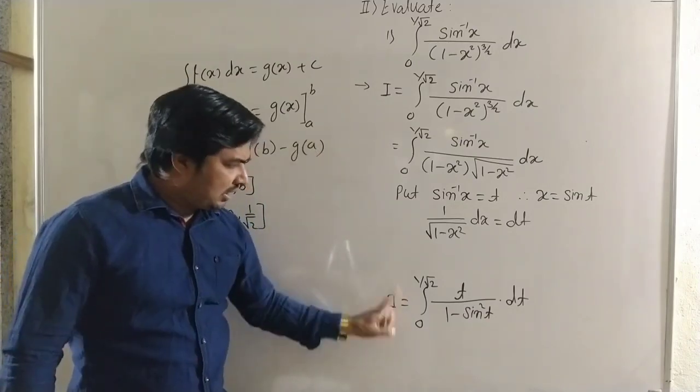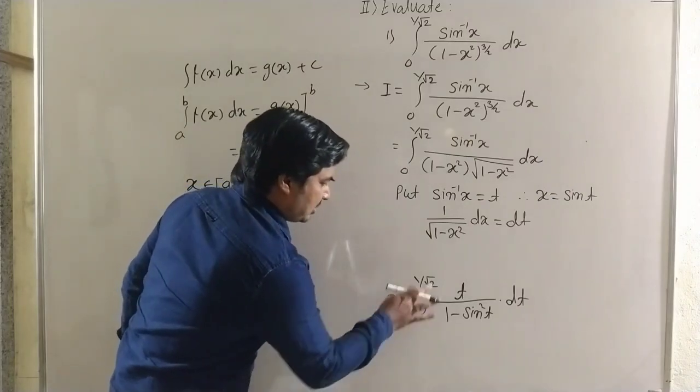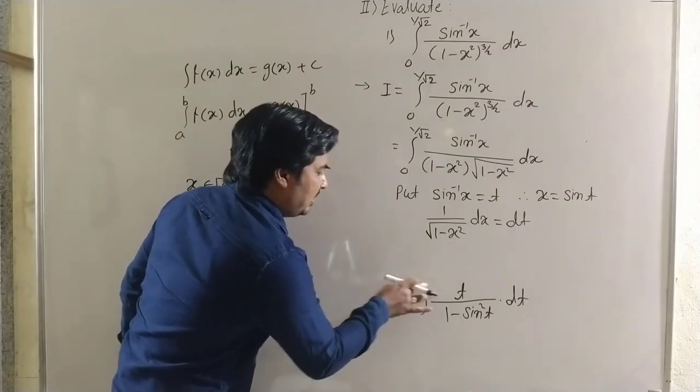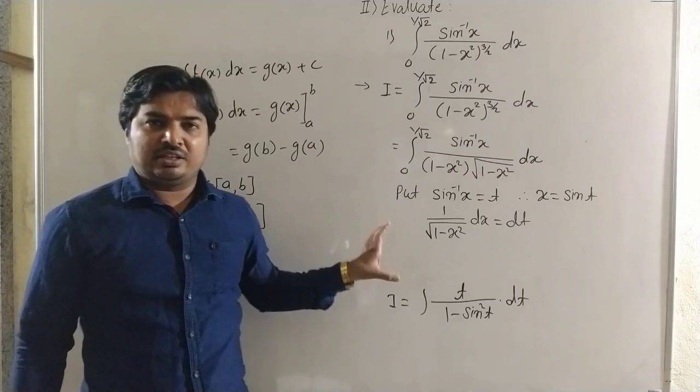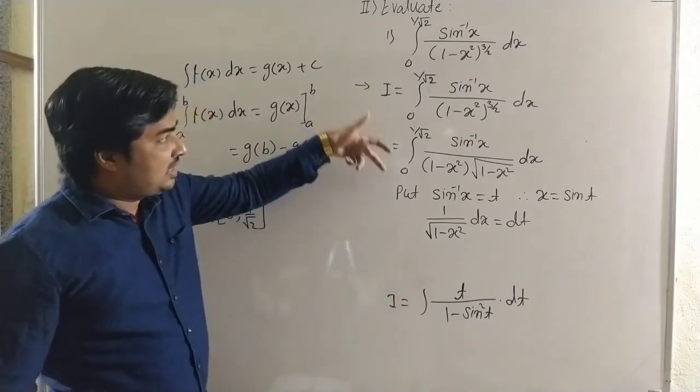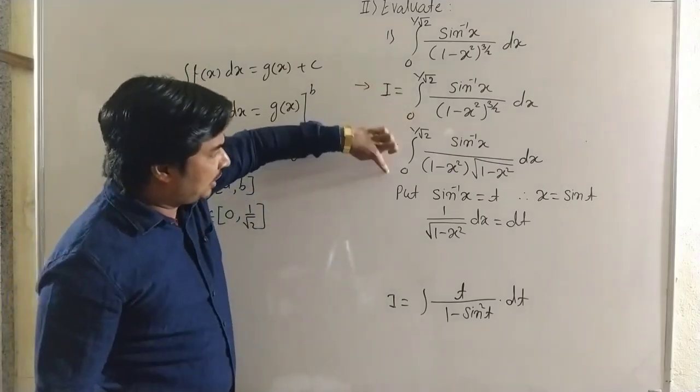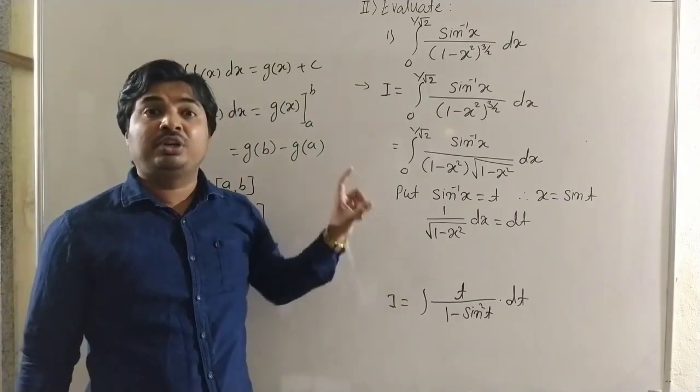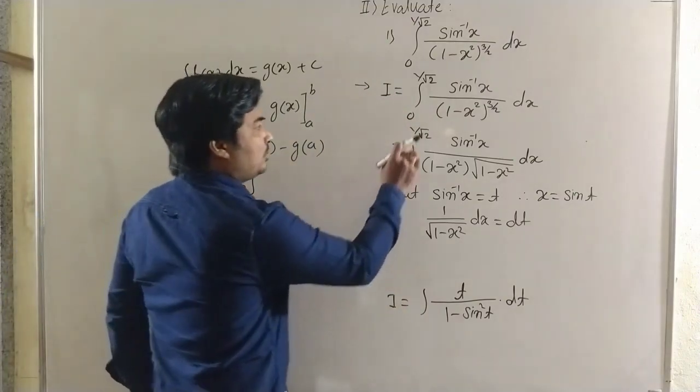In the definite integral it is a small change: change the limit. Here are the values of x, and here we write the values of t.